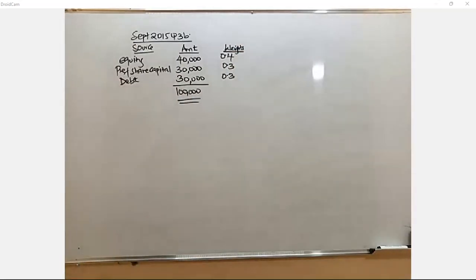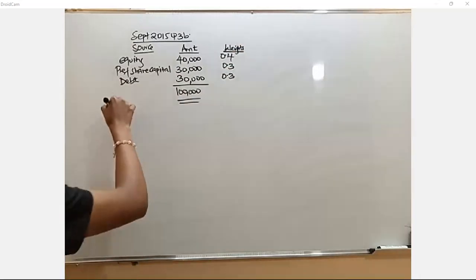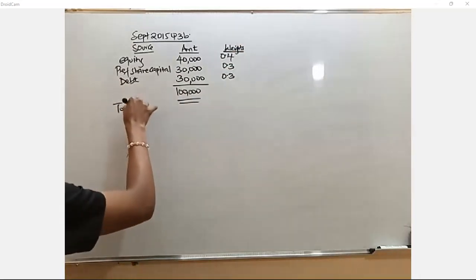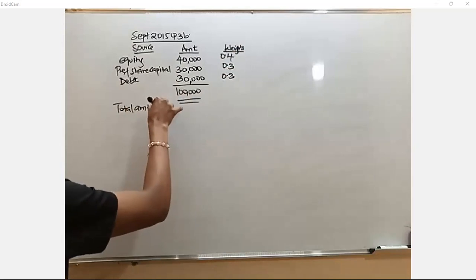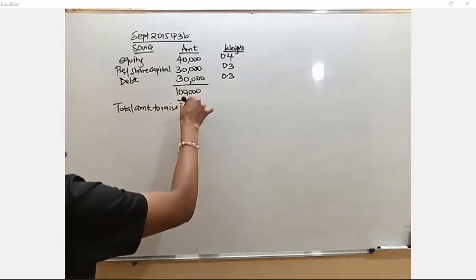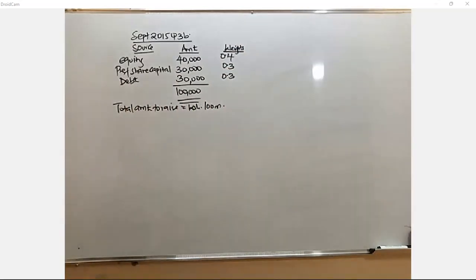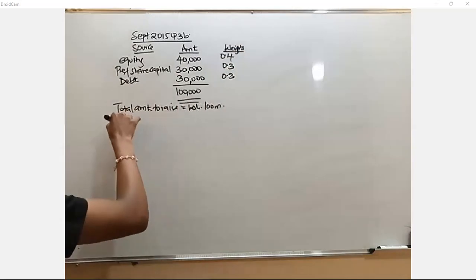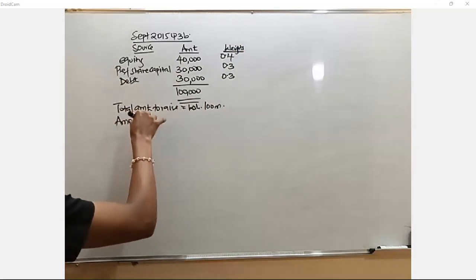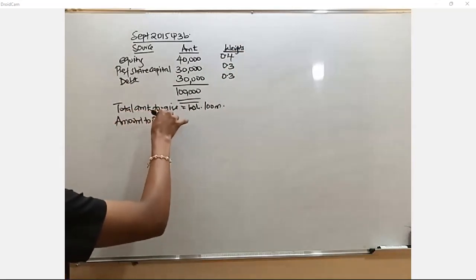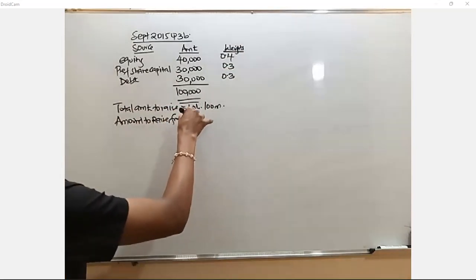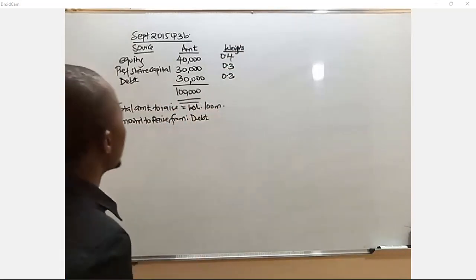So let us look at the total amount raised. The total amount raised, we have been told, is Kenya shillings 100 million. So let us look at the amount raised from each source. We start with debt. Debt, you are going to be raising how much?